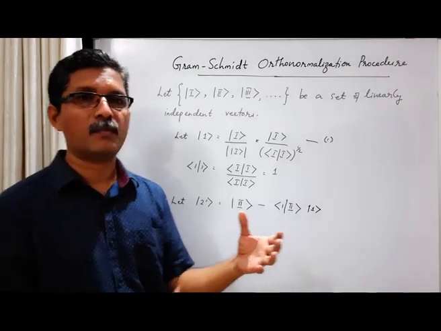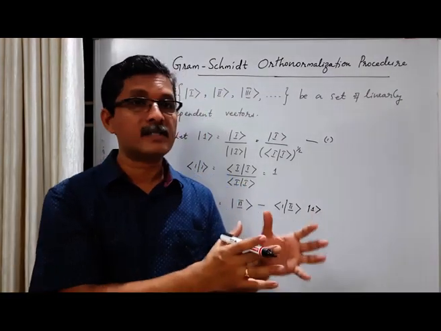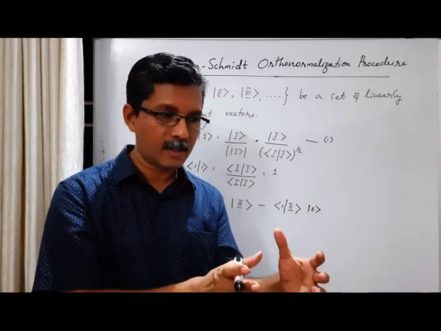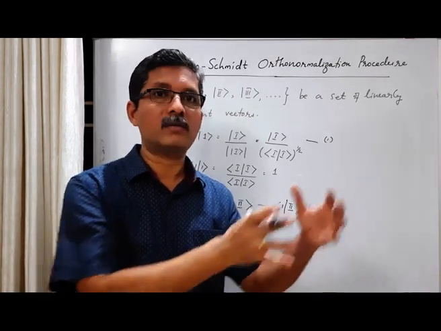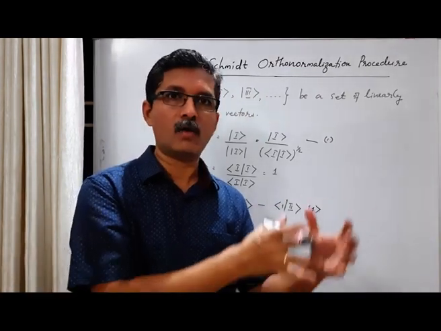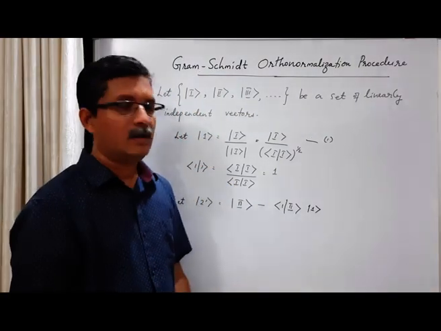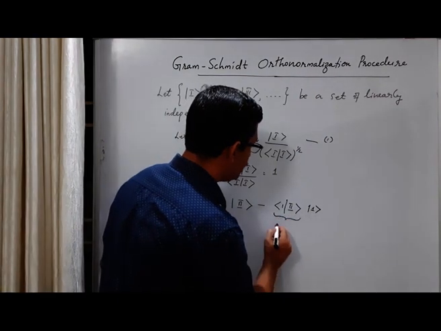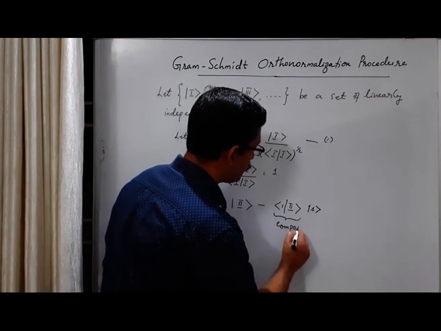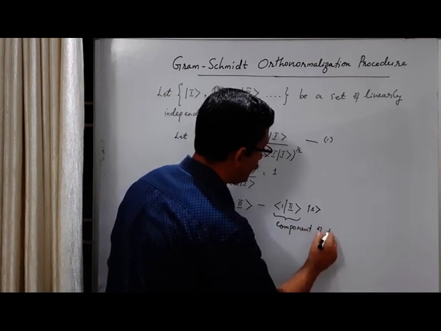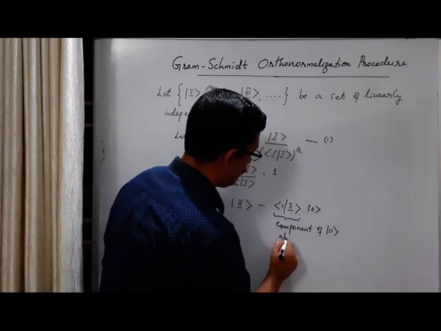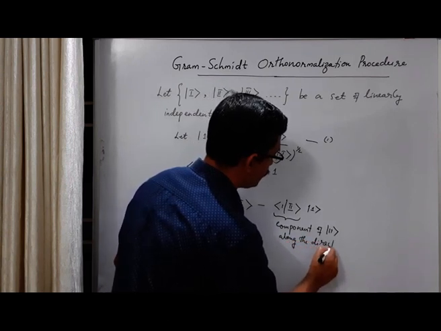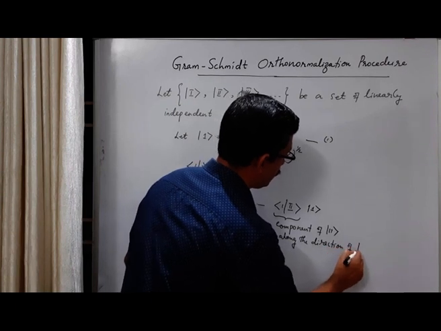What is the first component of the general vector in three-dimensional space? Axi. So Ax is obtained by i dot A, and the component is i dot A along i. So here what we have done is we have taken this part as the component of ket 2 along the direction of ket 1.